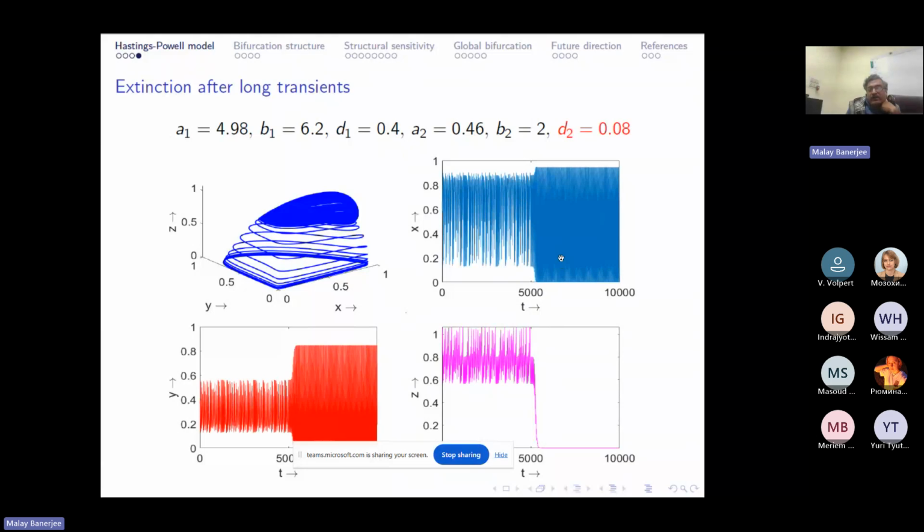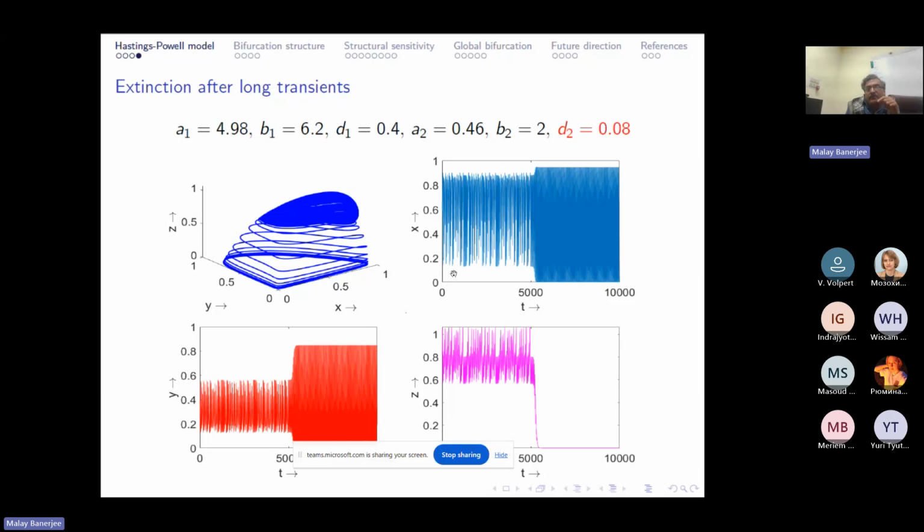The oscillatory mode is not clearly visible from this picture because there are so many frequent oscillations. But if anybody is interested, they can zoom in to this portion and see the smooth periodic solution in this particular region. Now the question is how this kind of scenario can appear, which I am going to discuss with the bifurcation structure.